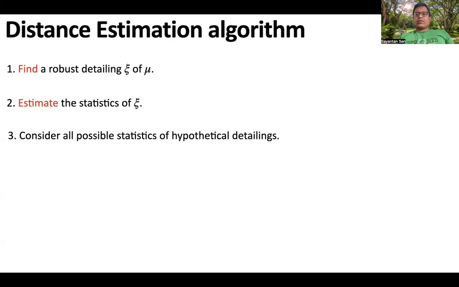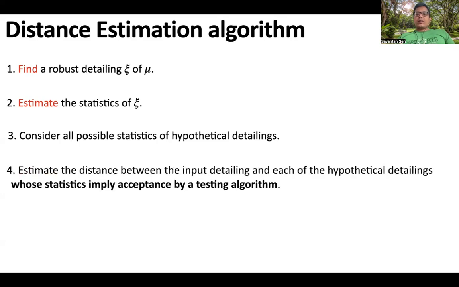Once we have the set of possible hypothetical detailings which can be accepted by the canonical tester, we test them against the statistics of χ, and at the end we output the minimum distance among all the pairs of distances that we have obtained.